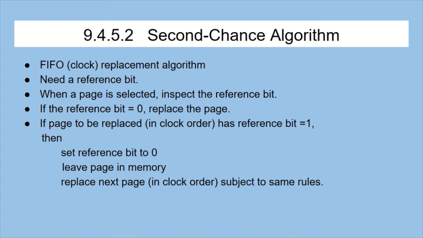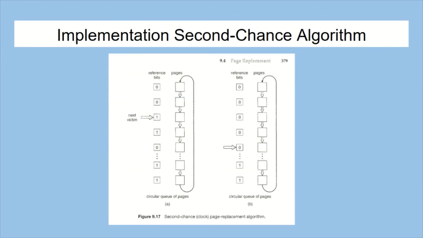If the page to be replaced in clock order has reference bit equal to 1, then set the reference bit to 0. So muna siya ang implementation sa second chance algorithm. Sa instructor pa ni is matawag ni siya sa circular single linked list. Ani siya.